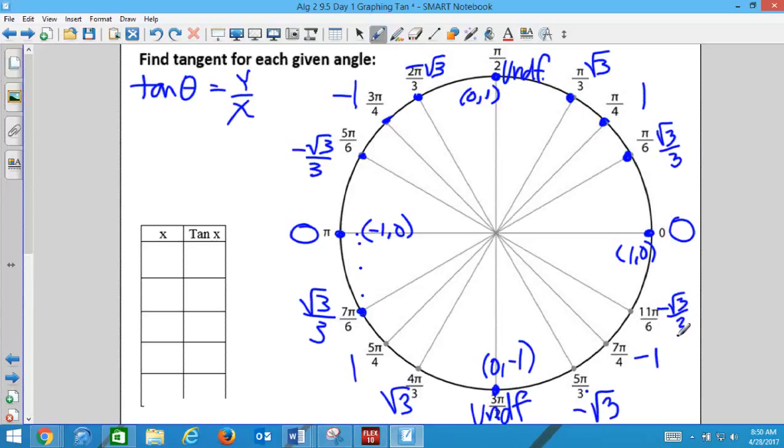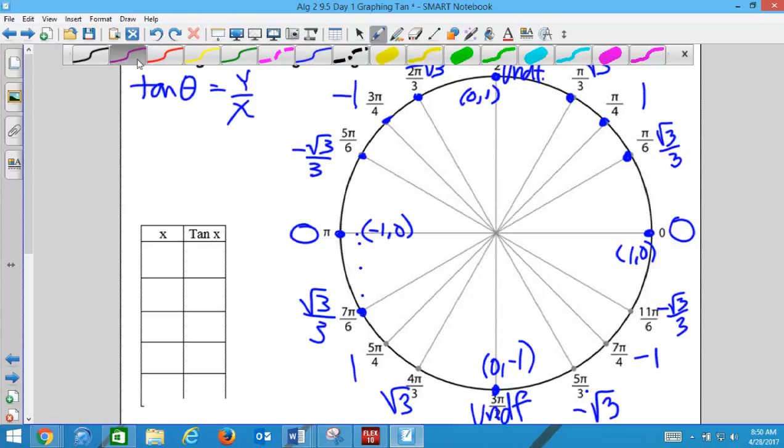Now there's something special about tangent that makes it different from cosine and sine. We start at 0 and we go all the way around.